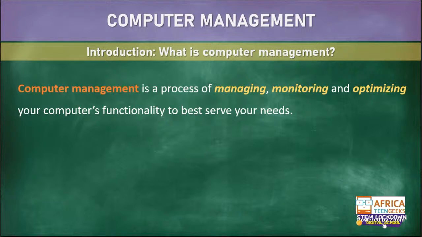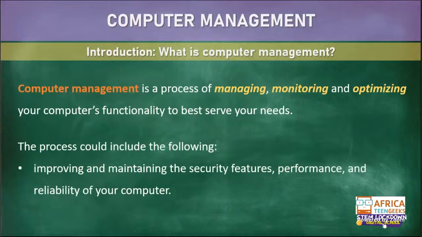So we are looking at basically 3 things: managing, monitoring, and optimizing the computer to meet the needs of the user. The process could include the following. Improving and maintaining the security features, that's number 1. And then number 2, performance, and then the reliability of the computer.